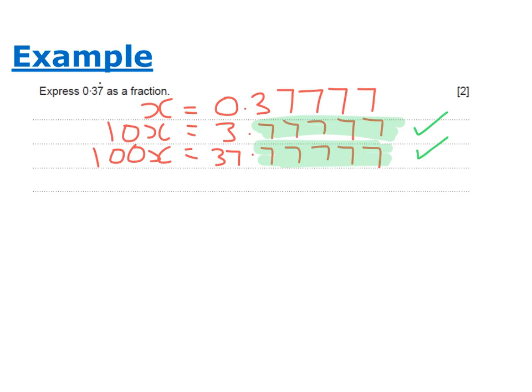I then subtract. So I'm doing 100x, take away 10x, which gives me 90x. I then subtract the whole numbers, but the numbers after the decimal will cancel one another out. So I'm doing 37, take away 3, which will give me 34. So x must be worth 34 over 90.